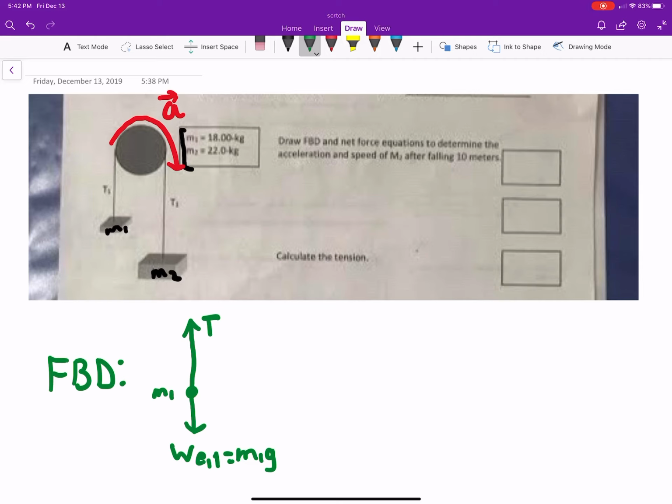In this case, our unbalanced force should skew in the direction of acceleration. So this is for mass 1. And for mass 2, we'll see something else, except its acceleration is down. So our net force should skew in that direction. There is a tension force, but it's being overwhelmed, you could say, by the force due to gravity. Okay, so we have our free body diagrams done.